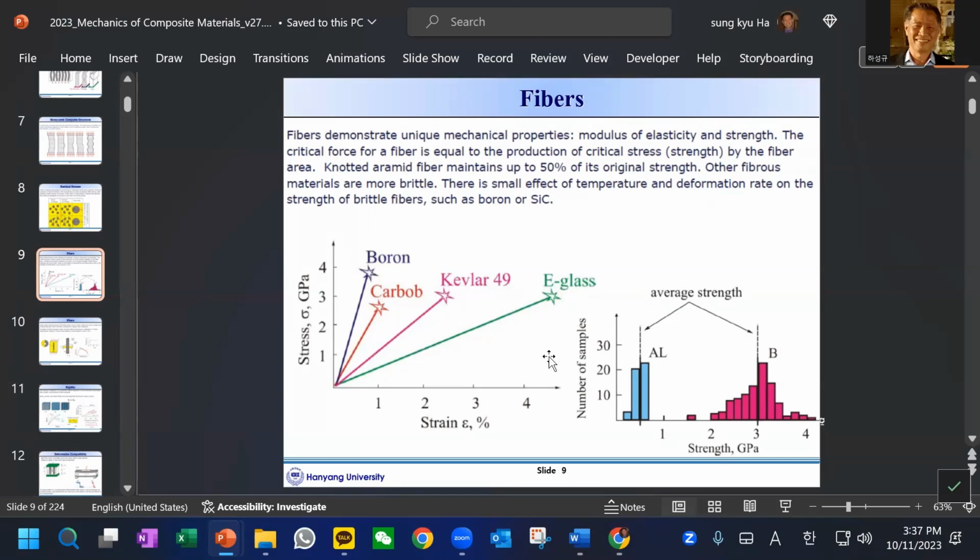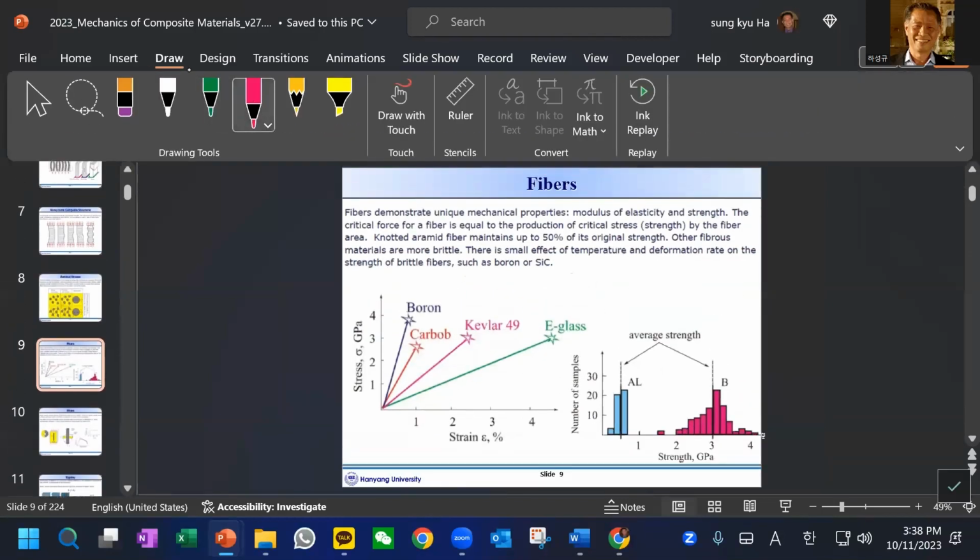But the good thing with glass fiber is the much larger failure strain. That is an important feature. This is the carbon.